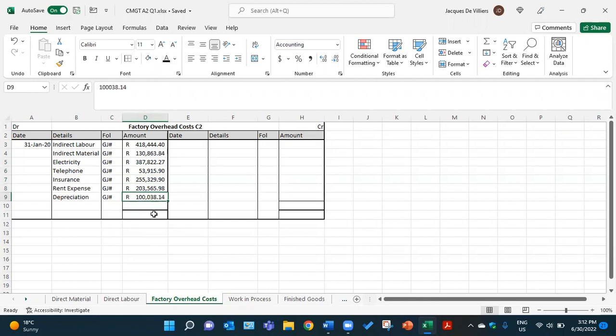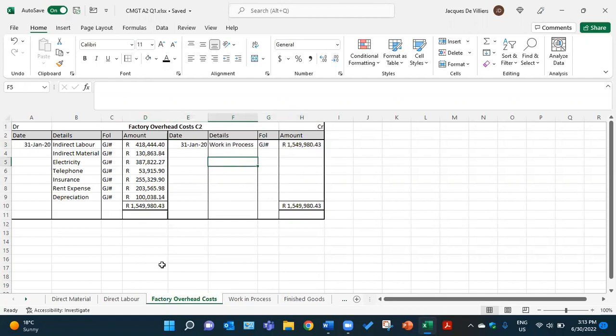Good. Once again, did I miss one? Looks like it. No, I didn't. Okay, so what I then do is I simply total this amount, take that same amount over to our credit side, and once again, the balancing entry is work in progress.